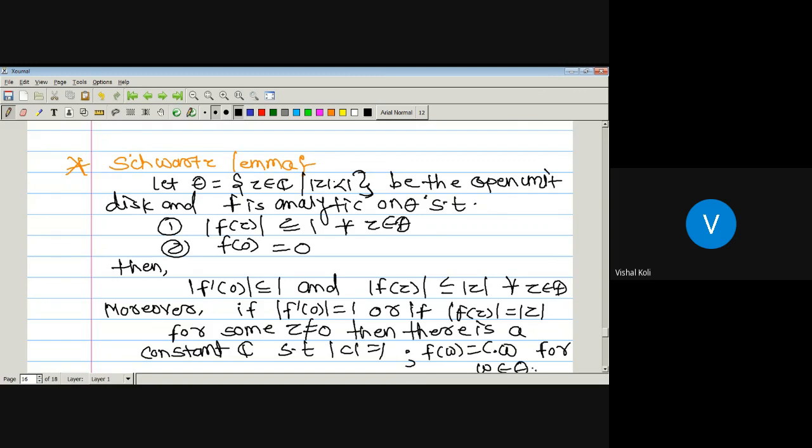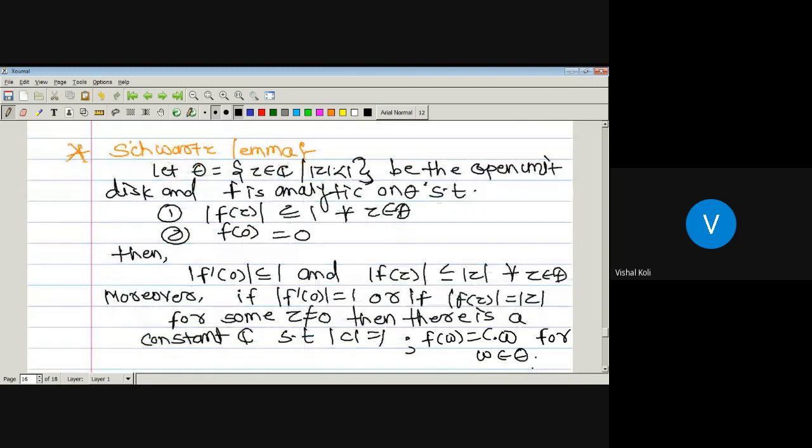Okay, so this is Schwarz's lemma. Whenever theta is a set which contains all the complex numbers z such that modulus of z is less than 1, which is the open unit disk, with center 0 and radius 1, and f is analytic on theta, and modulus of f of z is less equal to 1 and f of 0 equals 0, then we have to prove that modulus of f dash of 0 is less equal to 1, and modulus of f of z is less equal to mod z for all z belonging to theta.